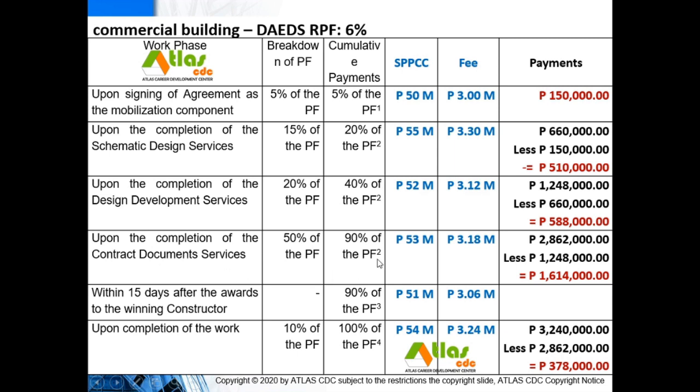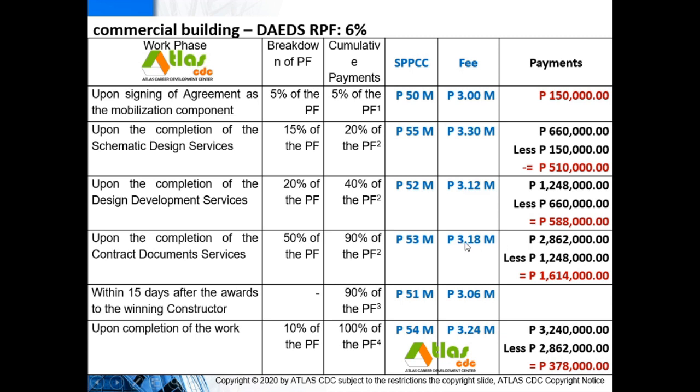Now, upon completing the contract document services, these are the working drawings and construction drawings, you must already receive 90% of your professional fee. The PF is based on the estimate after completing that particular phase. The estimate now is 53 million for the project cost. So 6% of 53 million is 3.18 million.